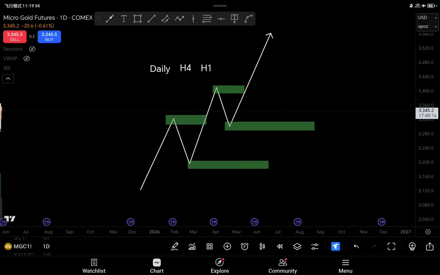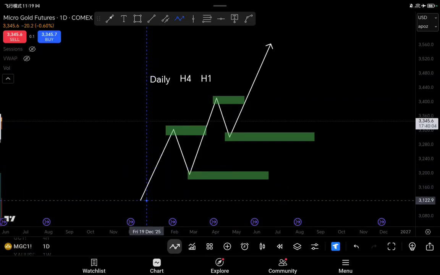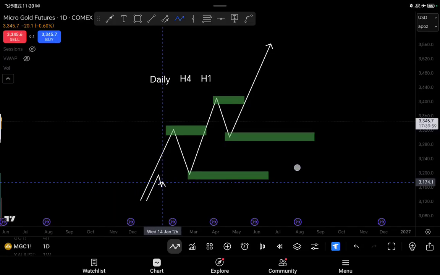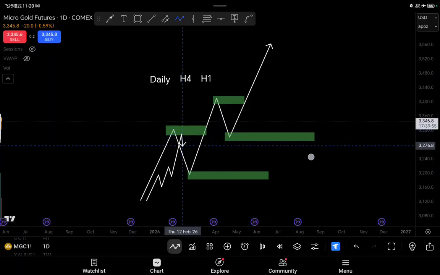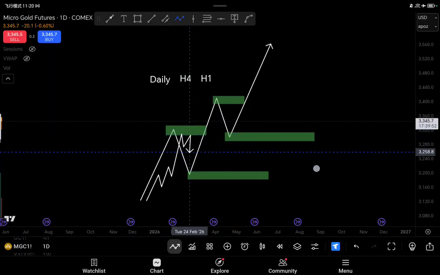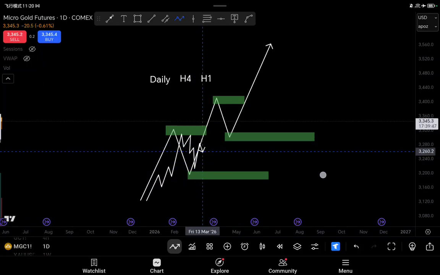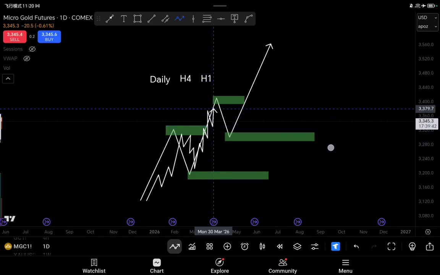Next, we go down one time frame, to H4. We want to see how this structure is being formed. For example, you might see something like this when you push up, and then the same thing happens. This is the H4 movement, just an example.